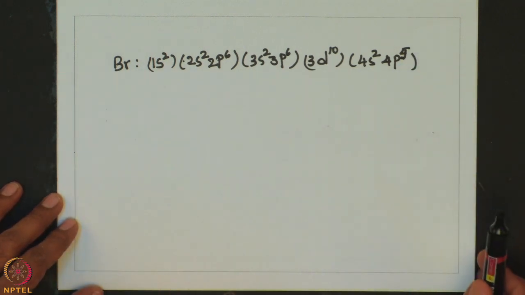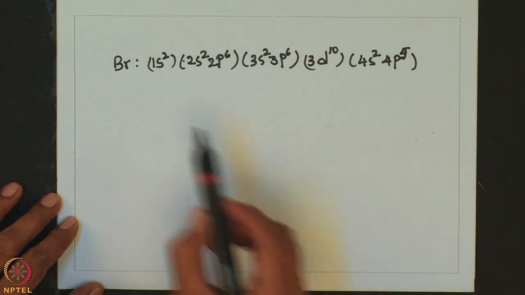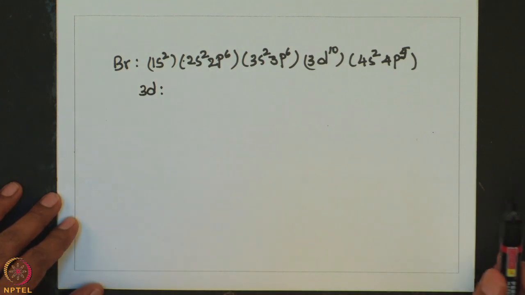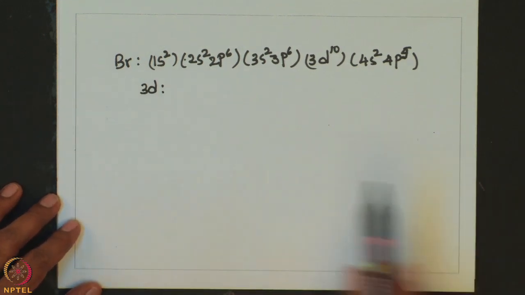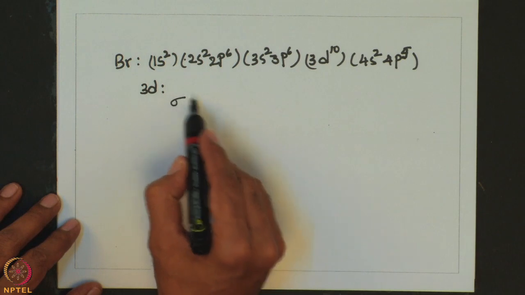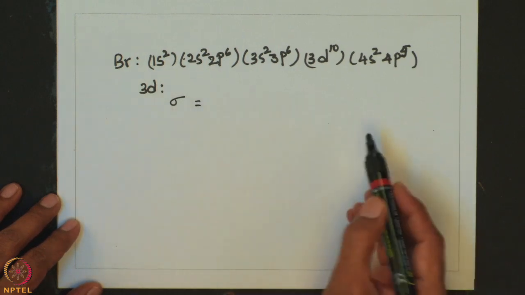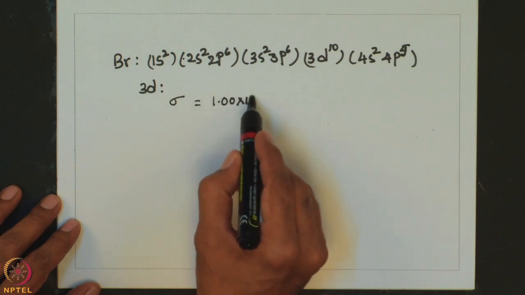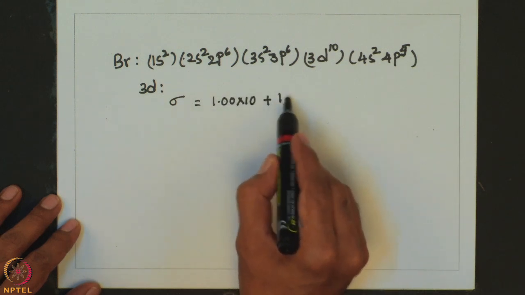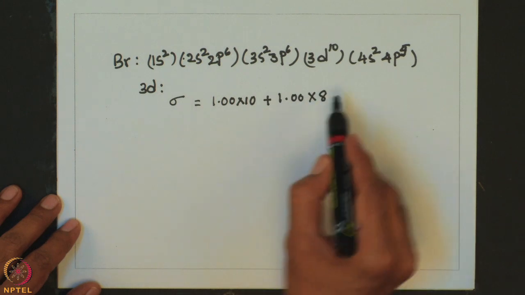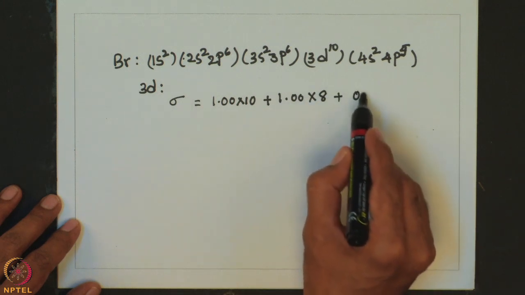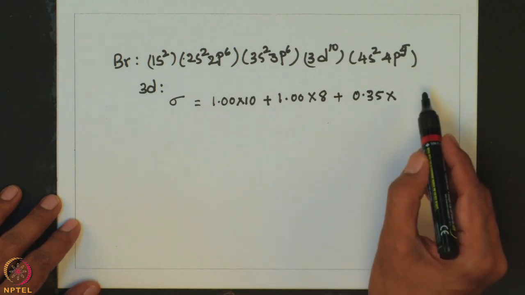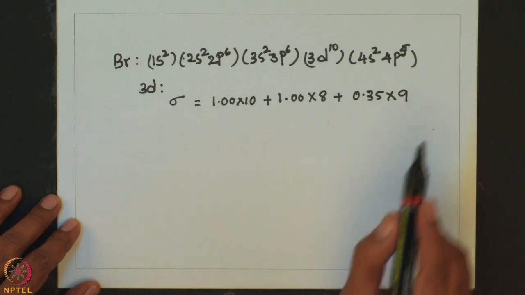Since the electron in consideration is from 3d, we have to find out the 3d electron screening constant. For that, sigma equals 1.00 into 10 plus 1.00 into 8 plus 0.35 into 9.